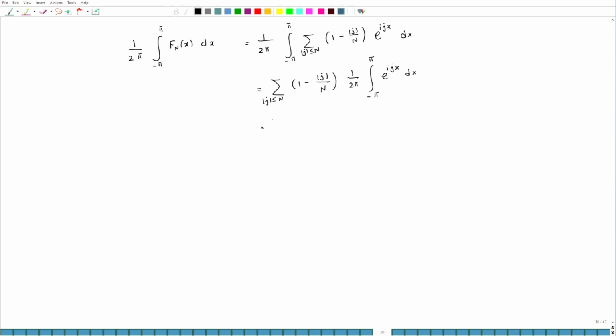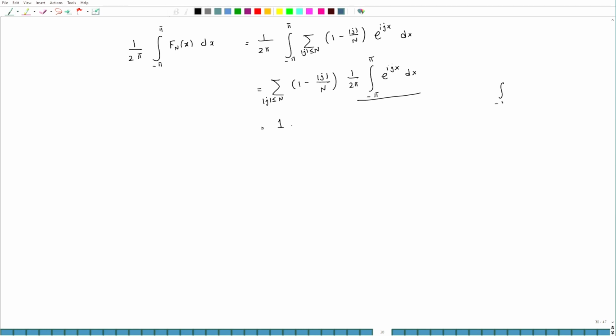We know that this integral is going to survive only when j is equal to 0. For j not equal to 0, this is going to be 0. Therefore, for j equal to 0, the 2 pi gets cancelled. So, what we get is that this is equal to 1.